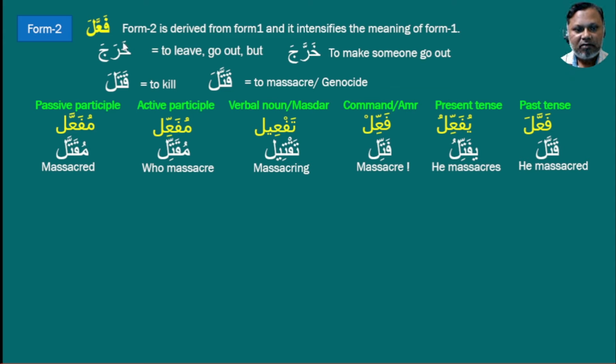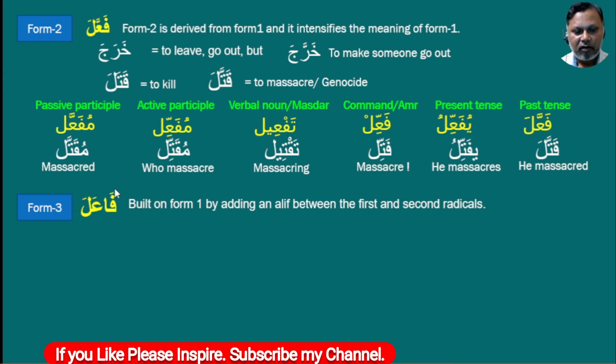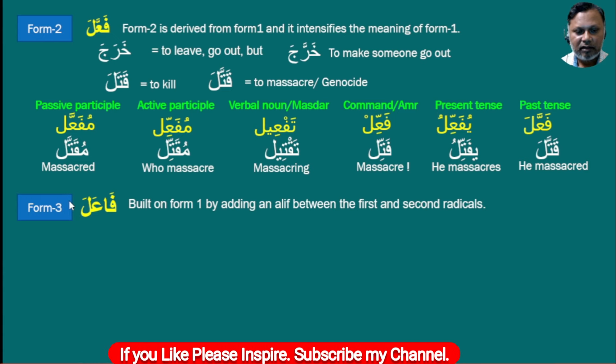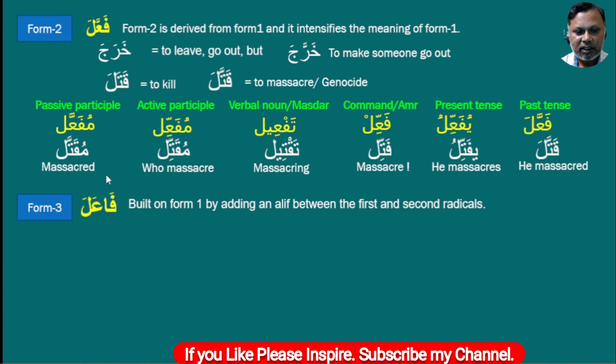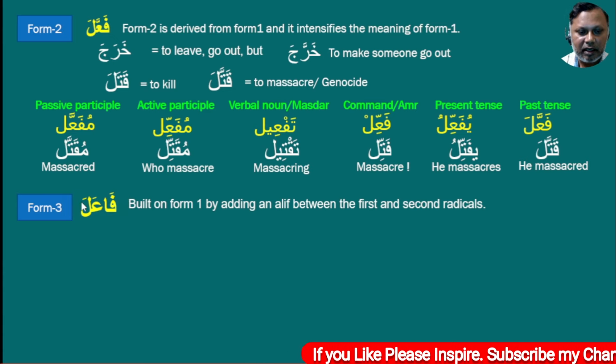So this is the verb form 2. We can derive different tenses, past tense, present tense, the command verb, the verbal noun, etc. Now we will go for form 3. Form 3 is faa'ala, and it is also derived from form 1. We just add an alif after the first letter, and we get faa'ala.